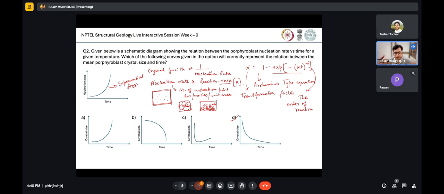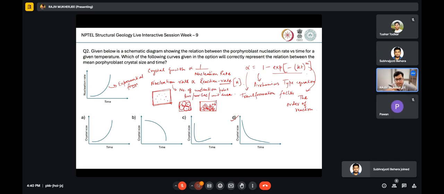Now the thing is that you have, say, an area of 100 micron by 100 micron that you're providing for the grains to grow. Now if you have a very slow reaction rate, that means the amount of energy you are providing to invest in this crystal growth is much less, right?